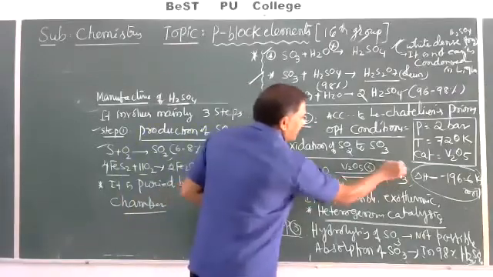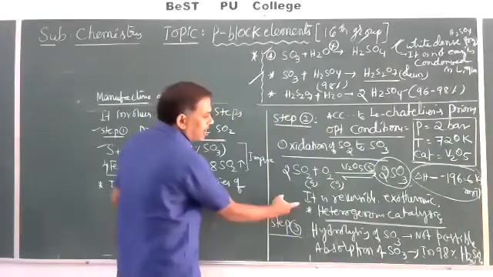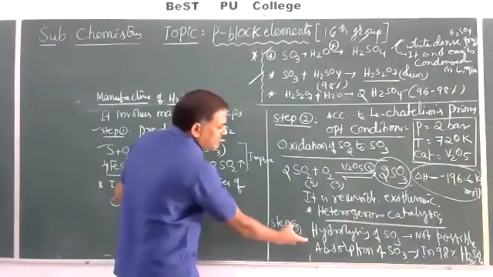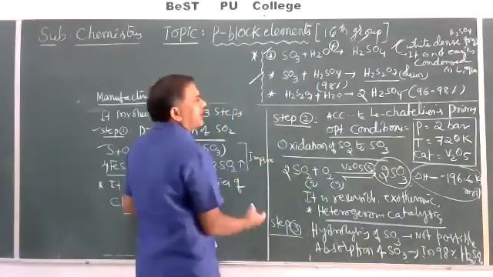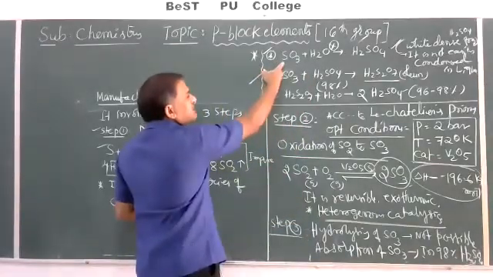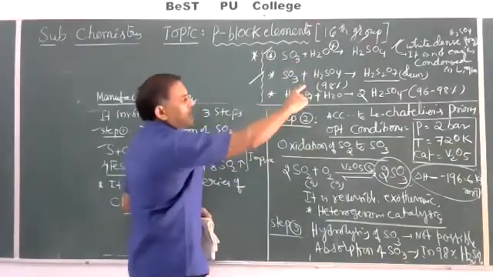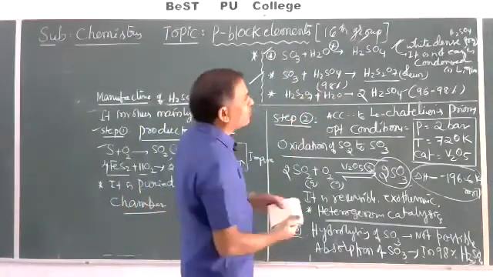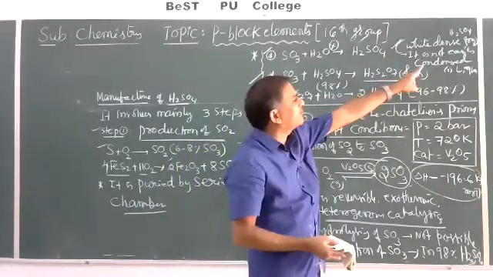The obtained sulfur trioxide here is again reacted with water as well as sulfuric acid. In both cases you will get sulfuric acid, but when trioxide is reacted with water on hydrolysis, it is not a liquid. Dense fog is formed. The obtained dense fog cannot easily condense into liquid state sulfuric acid.